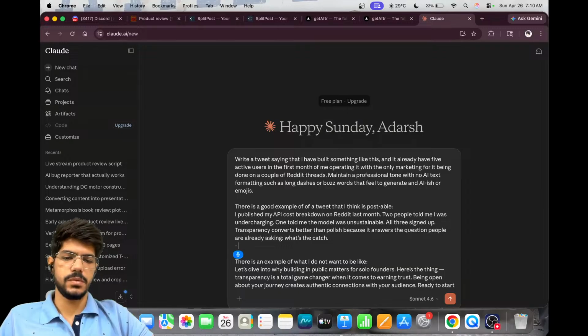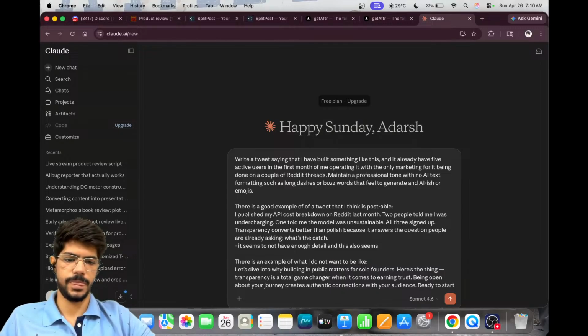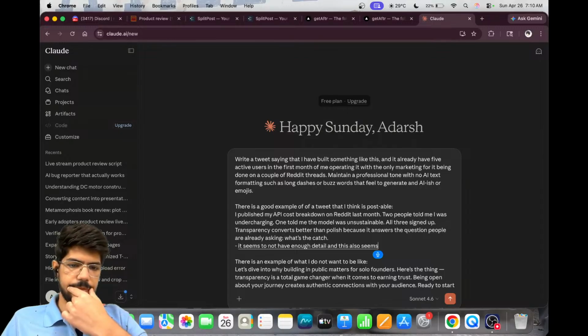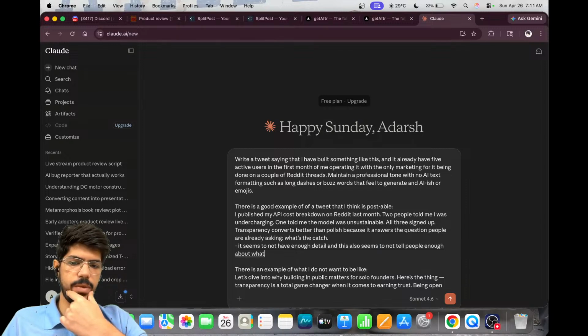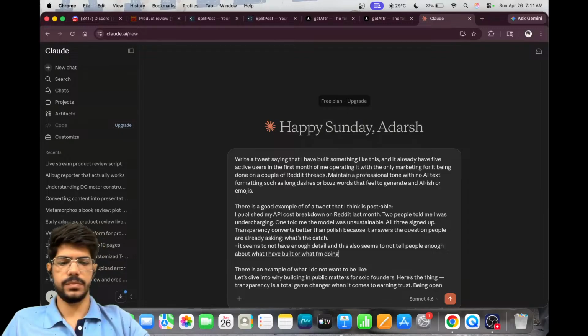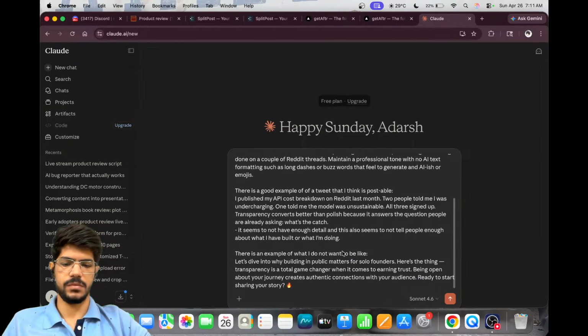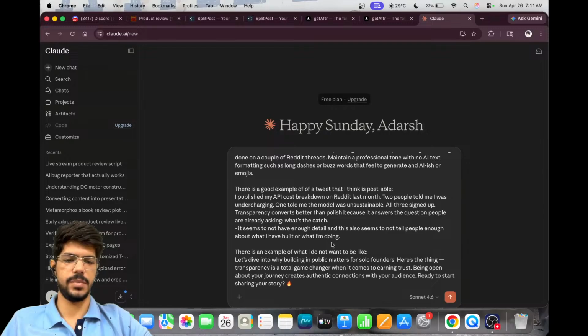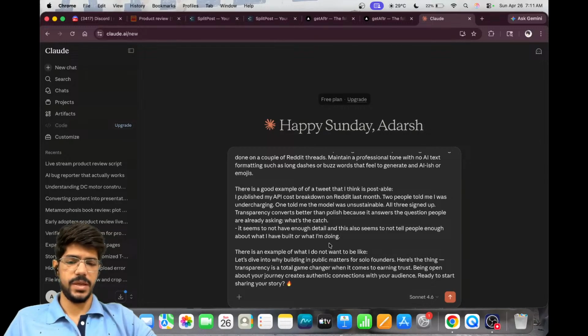This seems to not have enough detail, and this also seems to not tell people enough about what I have built or what I'm doing. Okay, well, that is not having enough detail, but even though specifying it, I think would be better, that this is the detail that it's missing.